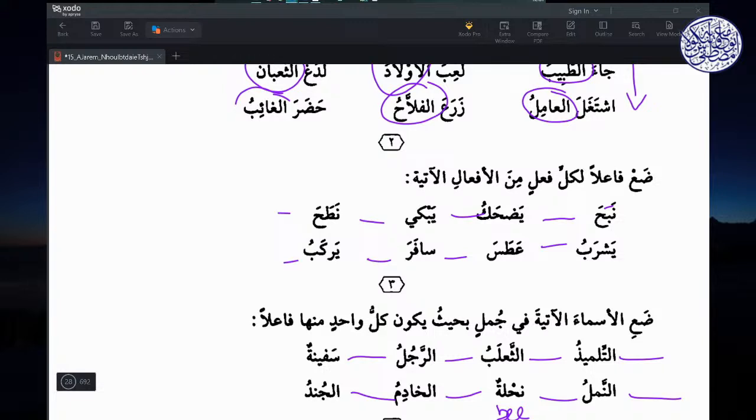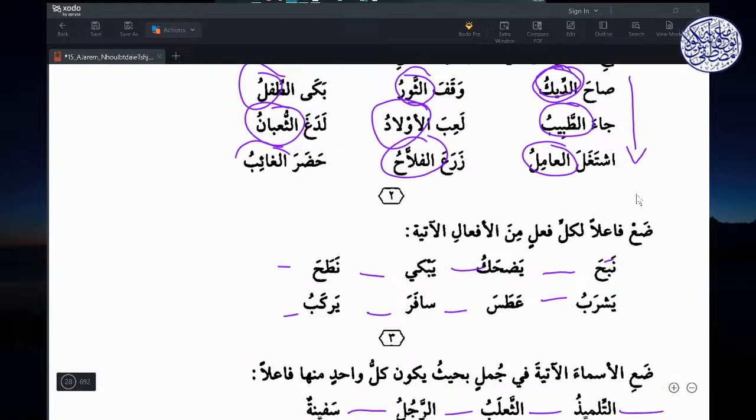In the meantime, we have the second set of exercises, which we were told to place a fa'il after every verb.